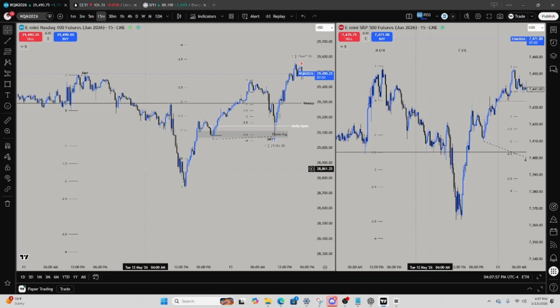Not only did we put this high of day in for Monday, which would be previous day high for Tuesday, SMT was put in. NQ failed to take that high where ES did take that high. And this is where we got our projection to the downside, kind of depicting low of day for Tuesday.